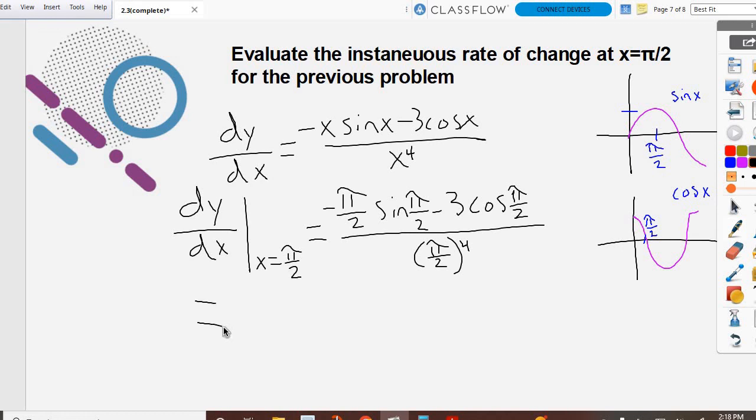So this becomes 1, and I just have negative pi over 2. This becomes 0, so negative 3 times 0 is just 0. And then I have pi to the 4th divided by 16.